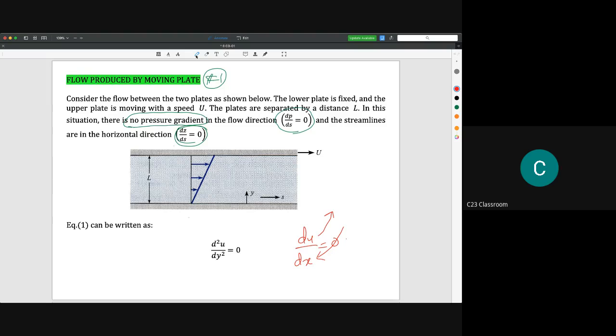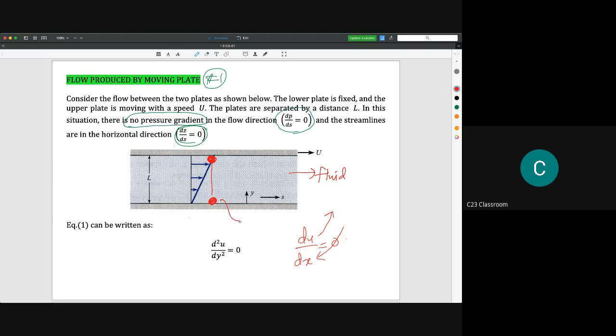Boundary condition is the condition at the boundary; it reflects its own name. So this is fluid, and the boundary of the fluid means the location where this fluid contacts another solid. So this is the boundary of this fluid.